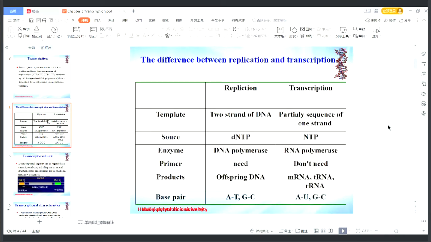Here you can see the replication and the transcription differ from each other. And here you can see the template is different. In replication, two strands direct the synthesis of offspring DNA and synthesize two DNA molecules. And in transcription, only a partial sequence of one strand directs the synthesis; the other strand, the coding strand, doesn't direct synthesis.